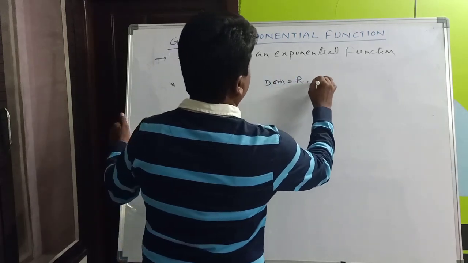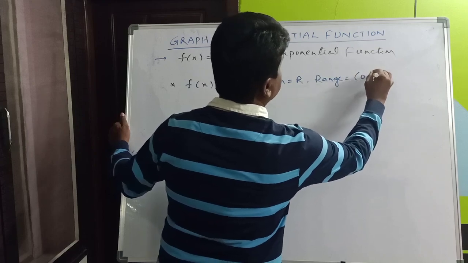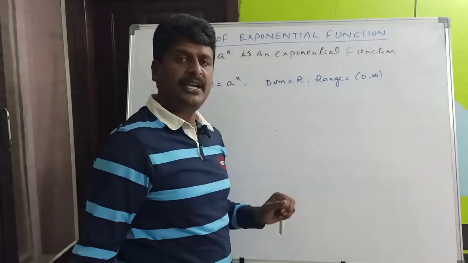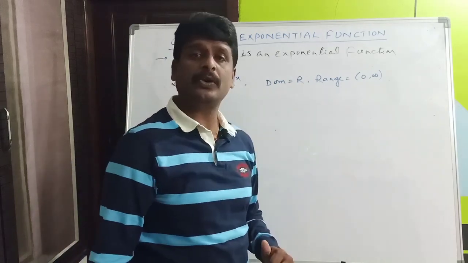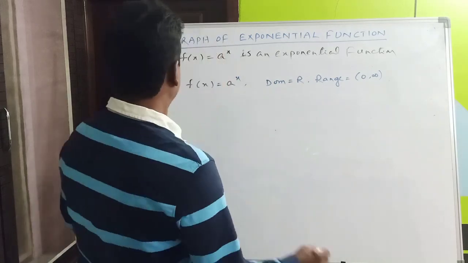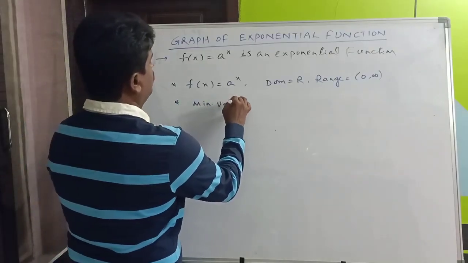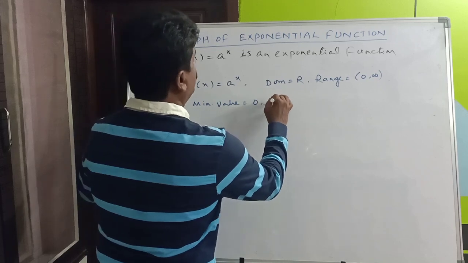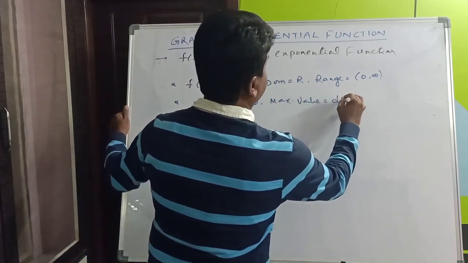f of x is equal to a power x, domain is equal to R, range is equal to the open interval 0 comma infinity. Why not the closed interval 0 to infinity? It cannot be equal to 0 also. What is its minimum value? Minimum value does not exist, and maximum value does not exist.